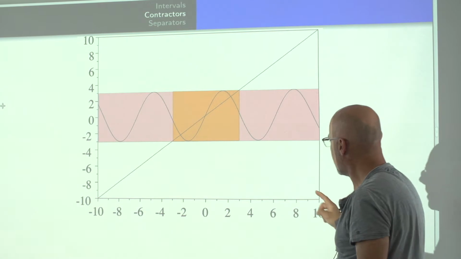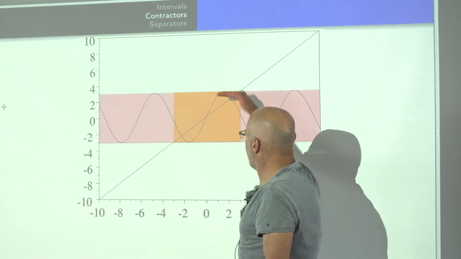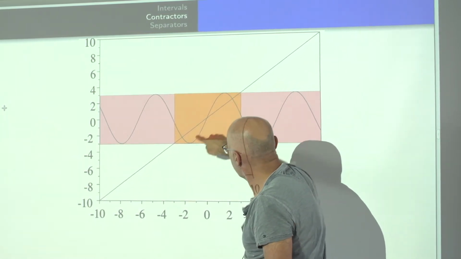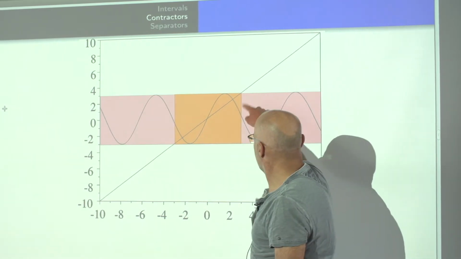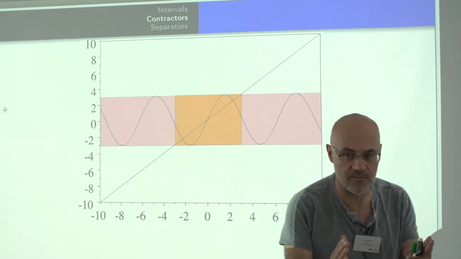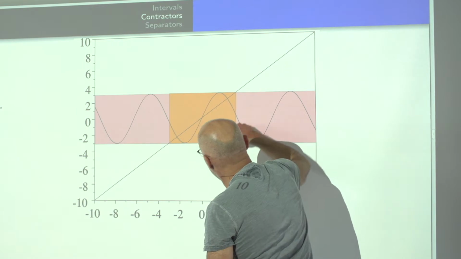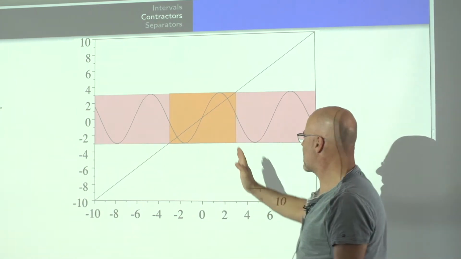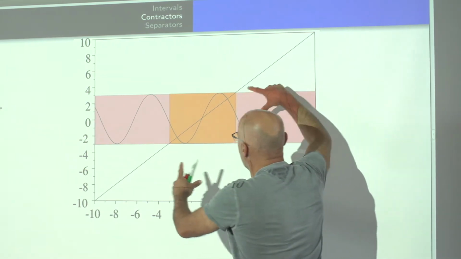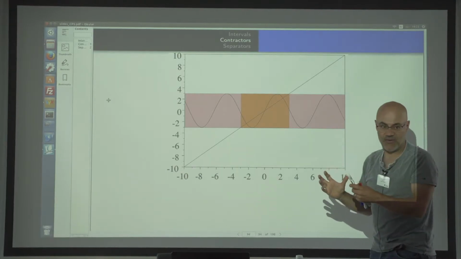Why? Because each equation touches each face of the box. For instance, the sine touches here, here, here, and here. The line touches here, here, here, here. So there is no possibility to contract in this case, and I have not the minimal box. So in this case, I use bisection not only to separate solutions, but also to avoid what we call a local consistency effect.